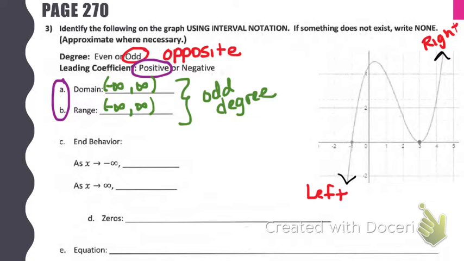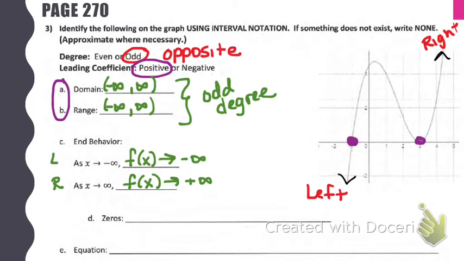All right, so on the left side, because this is left, this is right, it's going down, so f of x is approaching negative infinity. And on the right side, it's going up. For my zeros, I have 2.